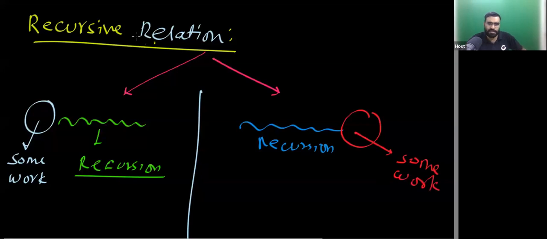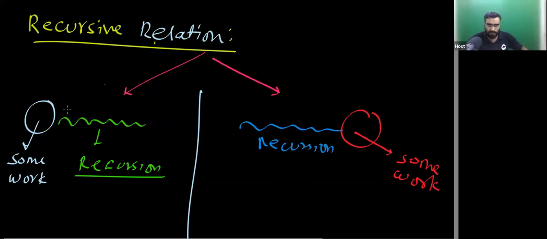There are two ways to recursively solve a problem. Either in the beginning you do some work and then you apply the recursion, or you apply the recursion and then at the end you do some work. Did you understand these two?